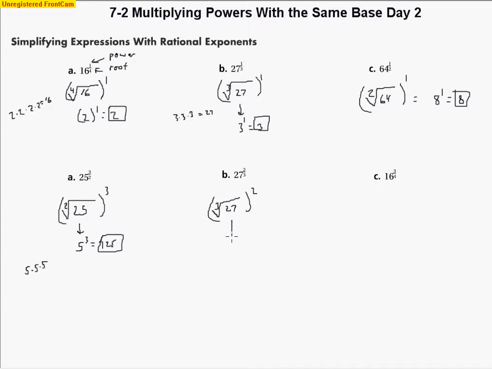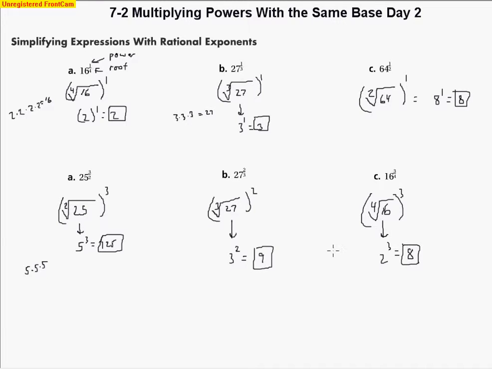We saw before how 3 numbers that make 27 are going to be 3, 3, and 3. So then we take that 3 and raise it to the second power, which gives us 9. And look at this next one. We've got the 4th root of 16, but then I'm going to raise that to the third power. And so I end up with 2 to the third power, which is just 8.